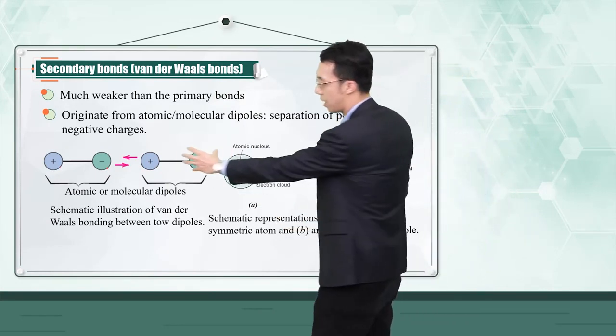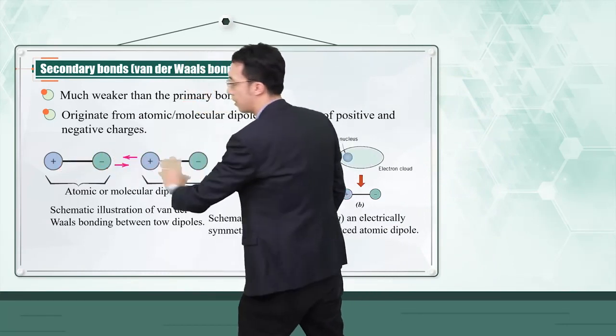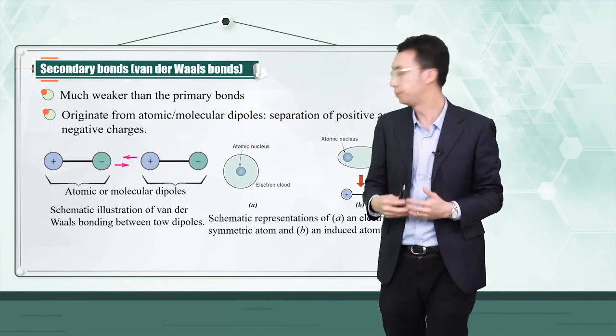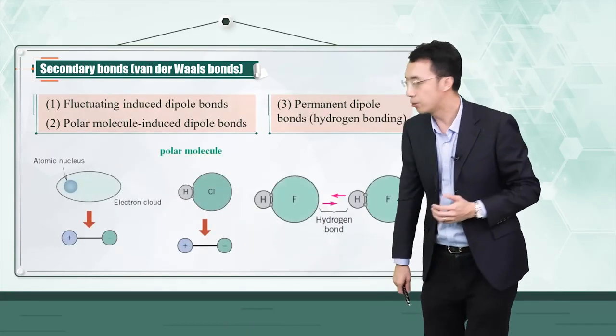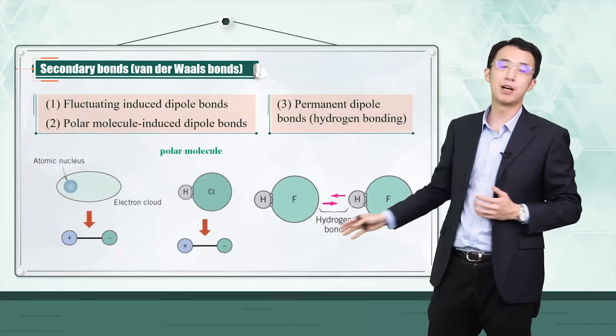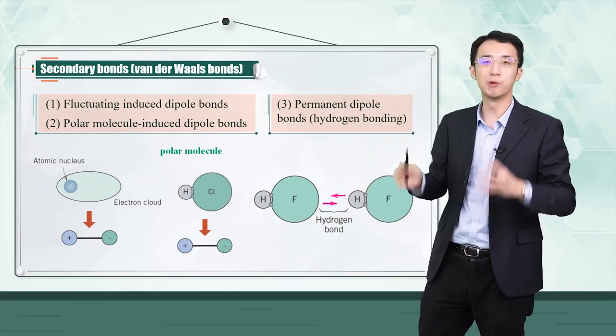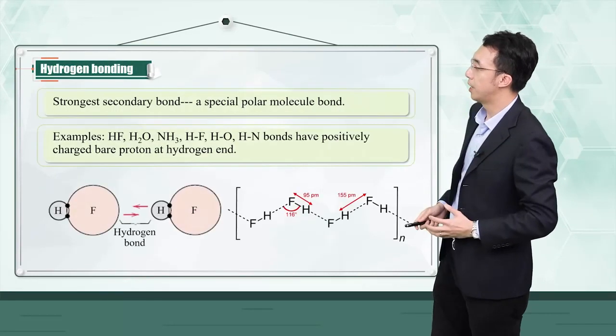For example, you have one dipole here, you have another dipole here, and they will interact with each other by this pure physical interaction. And you can even have different types of van der Waals type interactions based on how this dipole is formed. Okay?